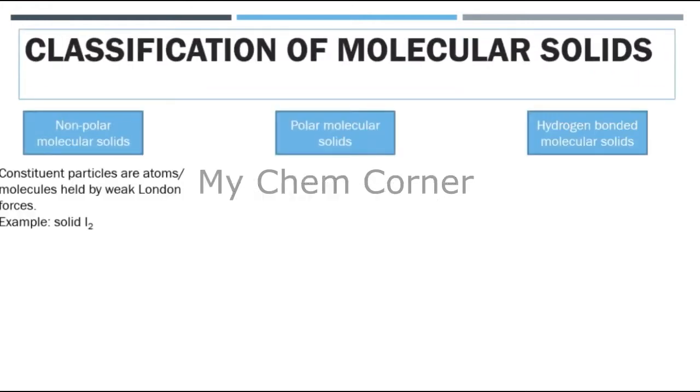First, non-polar molecular solids. Here the constituent particles are atoms or molecules held by weak London forces. An example is solid iodine. For polar molecular solids, the constituent particles are molecules held by dipole-dipole interaction, basically a positive pole and a negative pole.